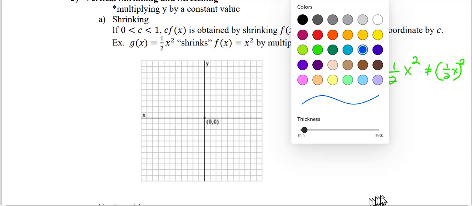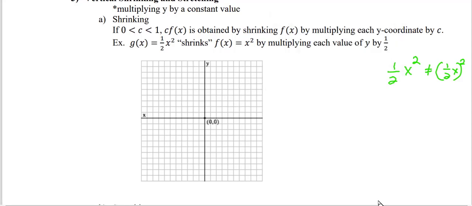Let's graph our standard parabola. An important thing about the standard parabola, it goes through the origin, because when x equals 0, y is 0. When x is 1, y is 1. When x is 2, y is 4. So we're up here. When x is 3, y is 9, because you're squaring, right? This is a squaring function. 1, 2, 3, 4, 5, 6, 7, 8, 9. So we're up here.